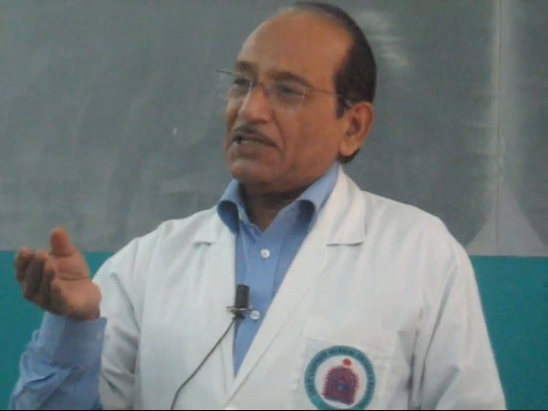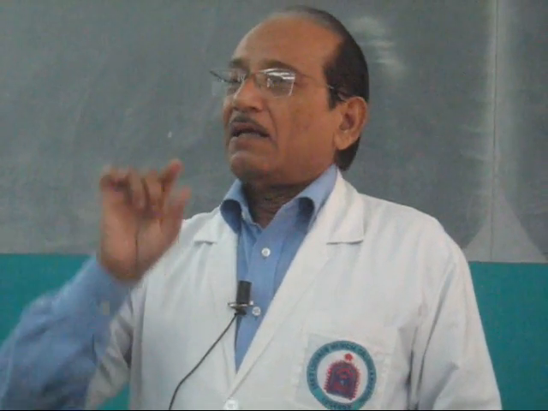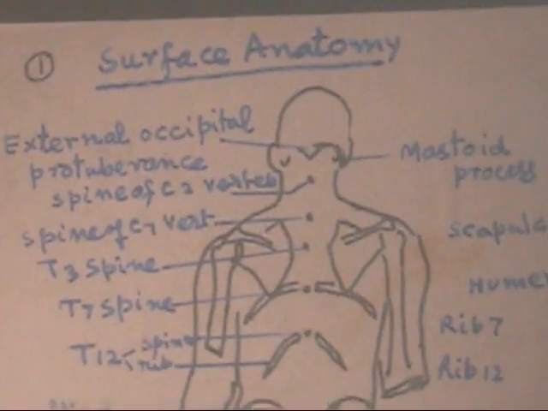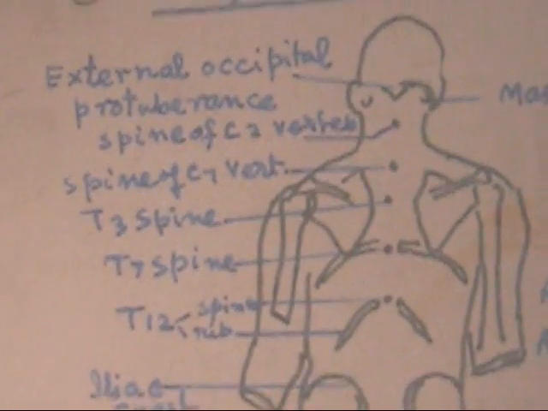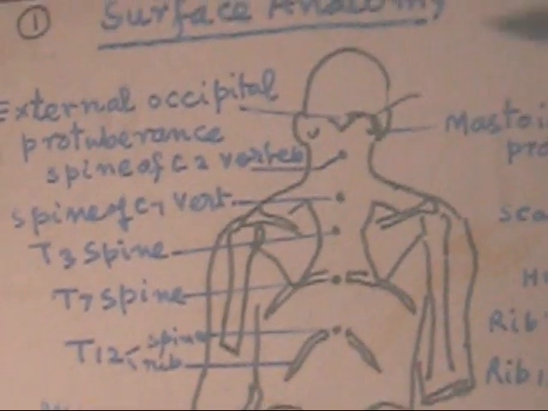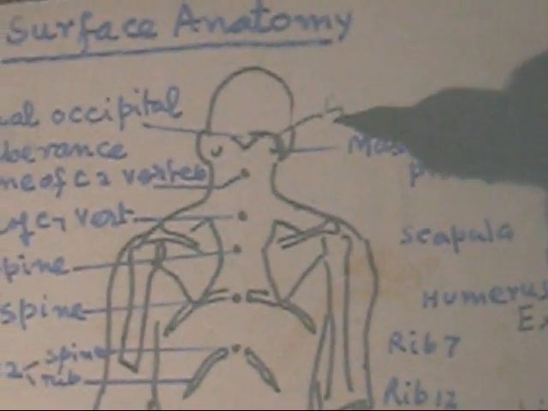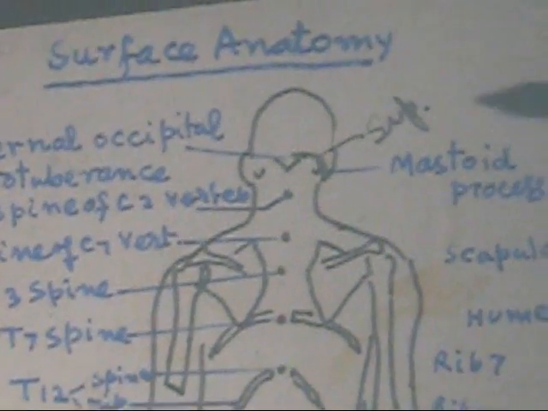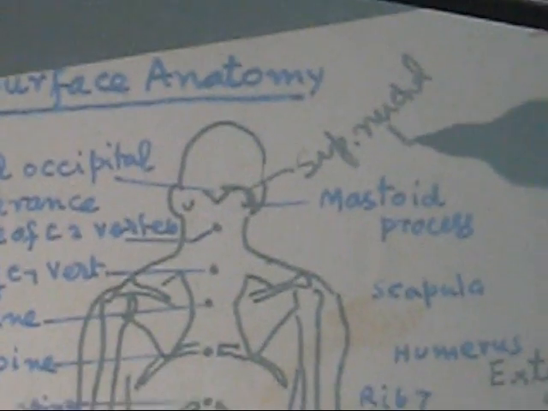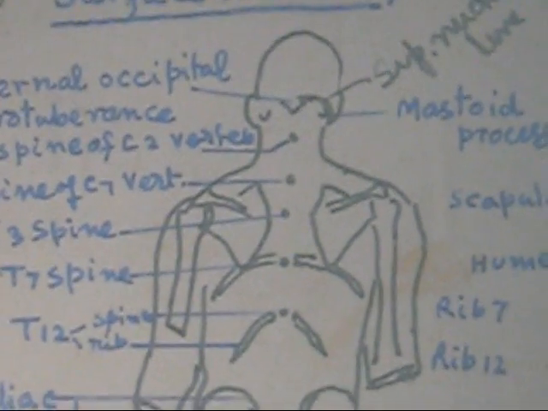To distinguish the two lines from each other, the upper one is called the superior nuchal line and the lower one the inferior nuchal line. The line that I have marked here is not simply a nuchal line, but actually the superior nuchal line. So I will write here: superior, SUP in short, nuchal line.